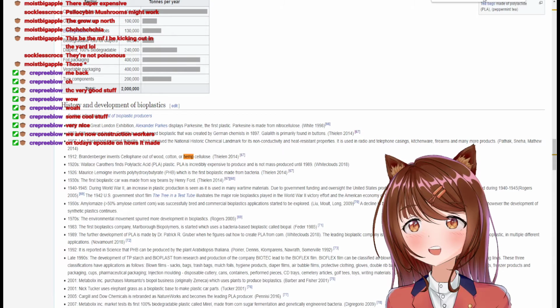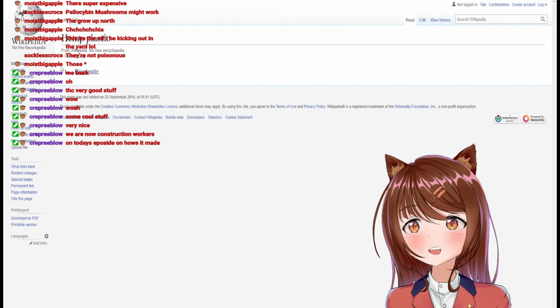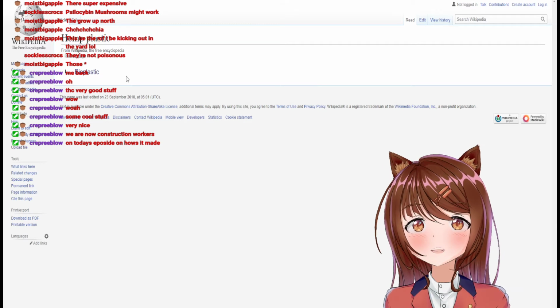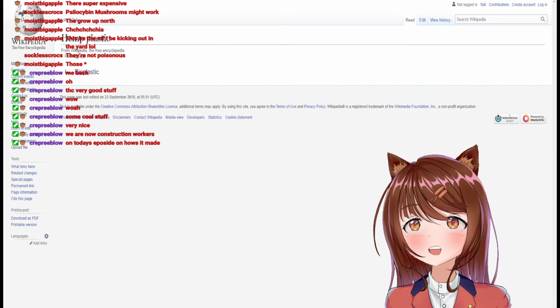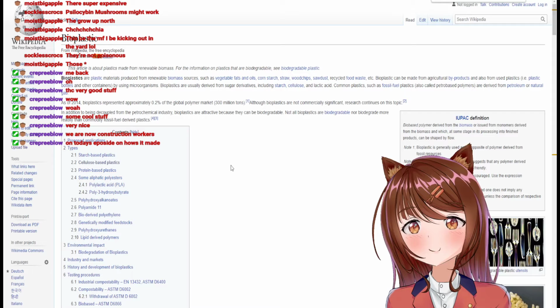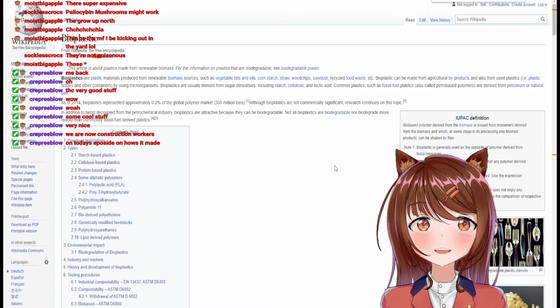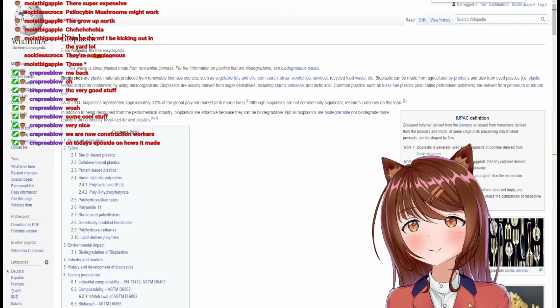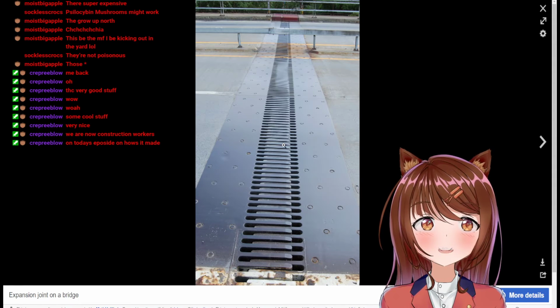Useless. Redirected from hemp plastic. What? This page isn't even a page. Okay. Well, somehow they make plastic out of hemp and corn. Don't know how. Expansion joints, though. That's something to remember.